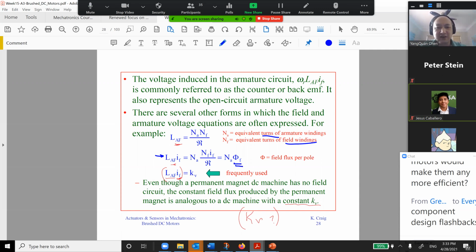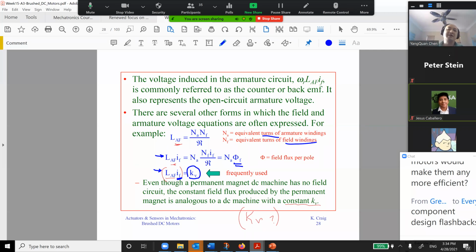Usually we denote the mutual inductance times excitation current, which is basically phi_f, as kV.